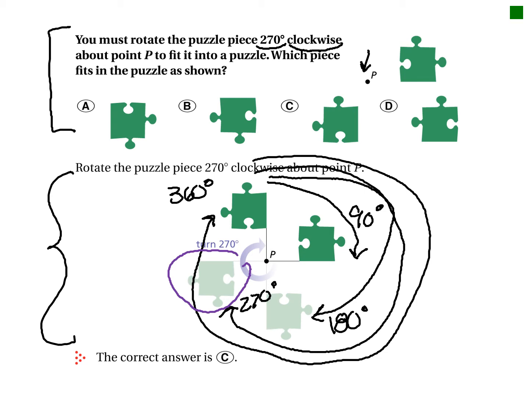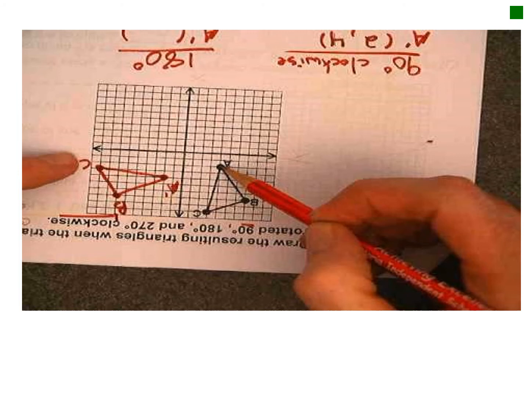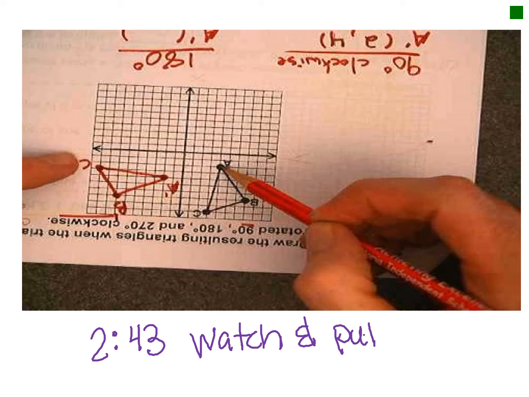All right. If you didn't understand what's going on here, please reread the problem, pause your video, and try thinking about it before you move on. All right, and since I don't have a camera for you guys to watch and see how this works in the coordinate plane, I need you to go to the second video listed, fast forward to 2 minutes and 43 seconds, watch the example, and put in notes.